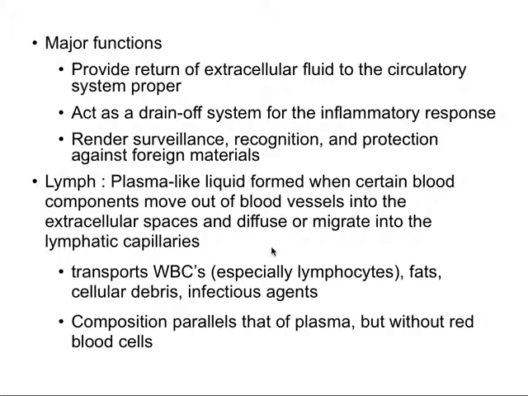Now, lymph is the fluid of the lymphatic system. It's a plasma-like liquid that's formed when certain blood components move out of the blood vessels into the extracellular spaces, as it does in order to provide nutrients to the cells. And then it'll either diffuse back into the venous supply or it'll migrate into the lymphatic capillaries.